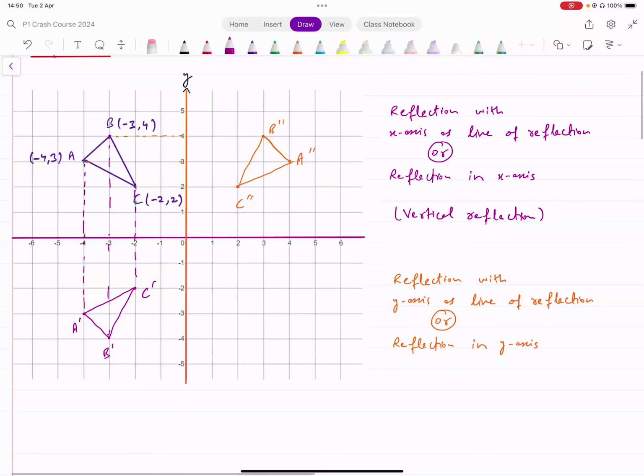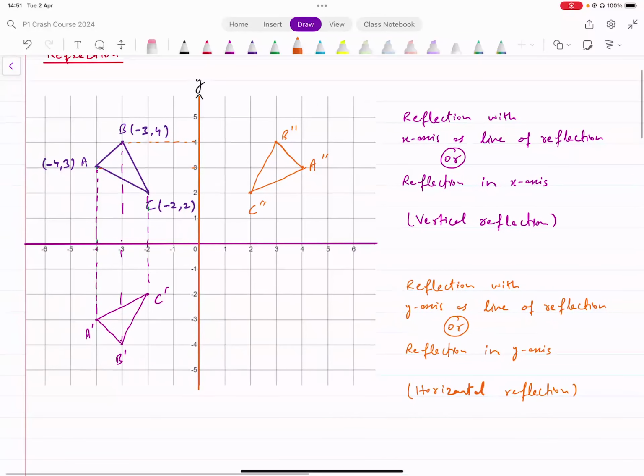And when you have reflection in y-axis, we could actually call this horizontal reflection. Now, let me explain what that means. Horizontal transformation and vertical transformation.